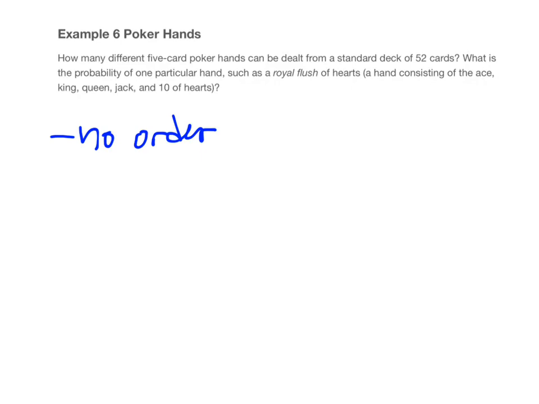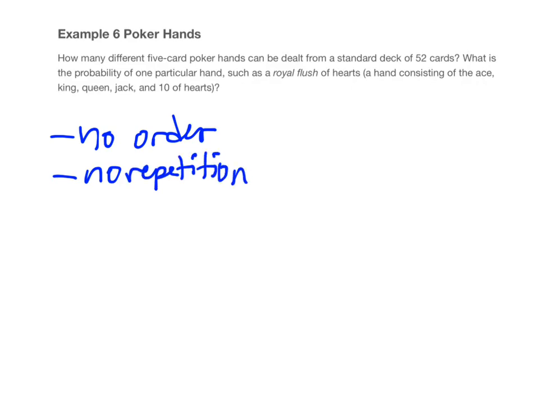The question is how many different 5-card poker hands can be dealt from a standard deck of 52 cards? And then what is the probability of one particular hand, such as a royal flush of hearts, which is an ace, king, queen, jack, and 10 of hearts. So what's our clue that there's no repetition?